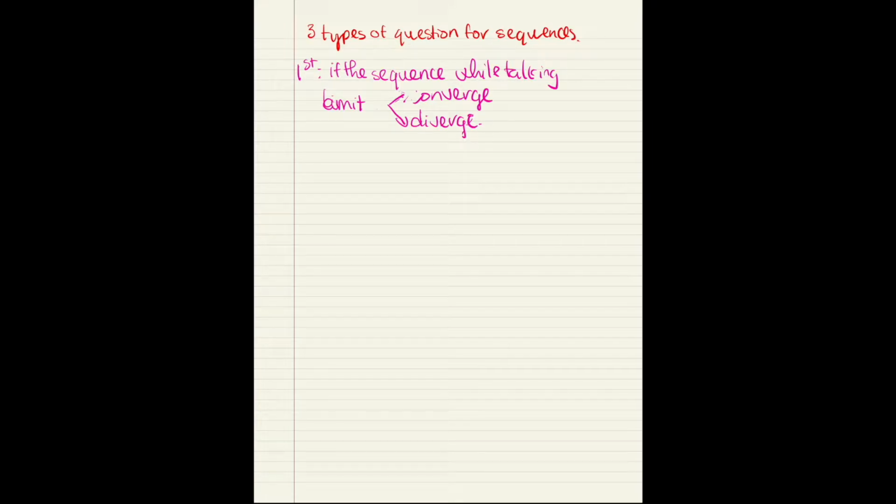So converge means that the result will give you a number like 1, 2, e, pi, and so on.